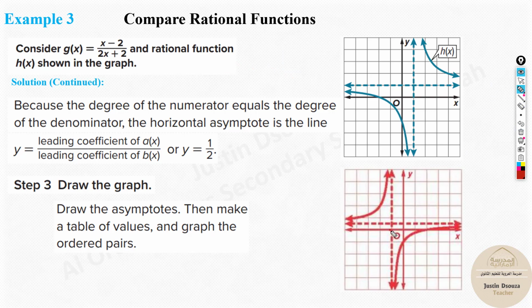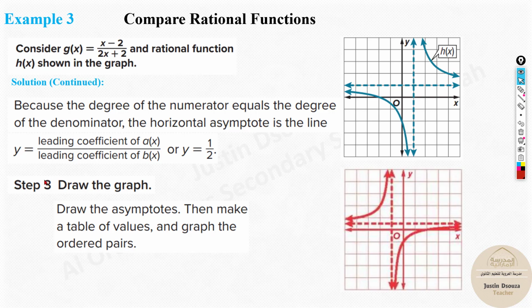We know x is minus 1, y is half. Now take some table values, say minus 2, minus 3, 0 and 1. Put these x values in and you will get a table of values, and you can plot the graph. Now this is just graphing, okay? All these steps we just graphed.